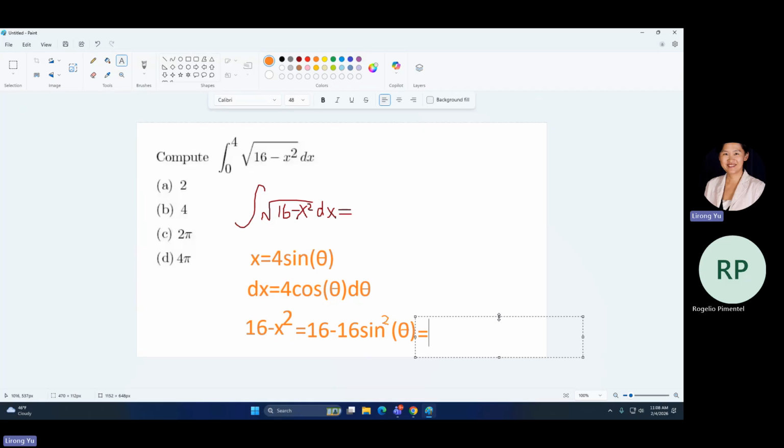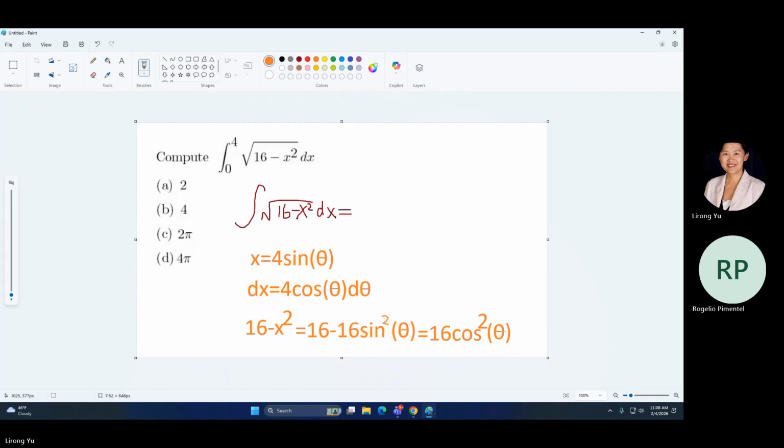There's 16 minus 16 sine squared theta, so the 16 is a common factor. Take out the 16, you have 1 minus sine squared, and 1 minus sine squared is cosine squared. So that's 16 cosine squared theta in the root.